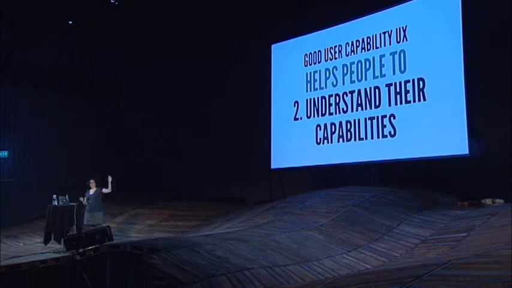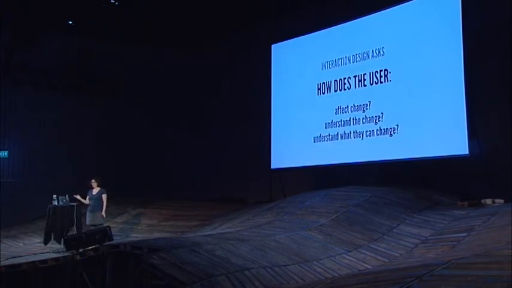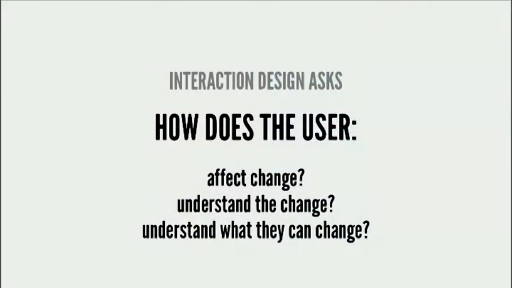So for me, this idea follows directly from basic considerations of interaction design, which asks, how does the user affect change? How do they understand that change? And how do they understand what they can change? And this last point is exactly what I'm getting at, which is that the user needs to understand what they're capable of doing.